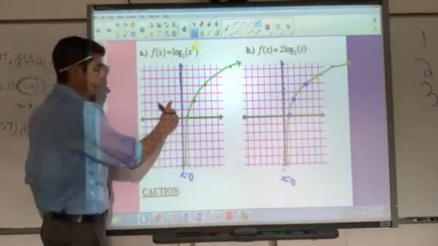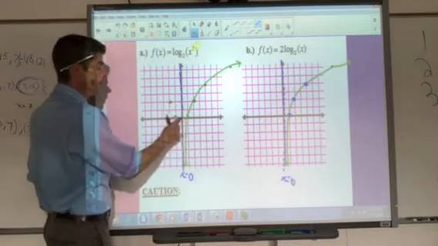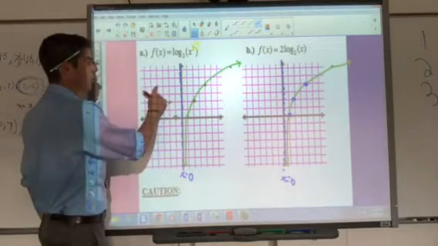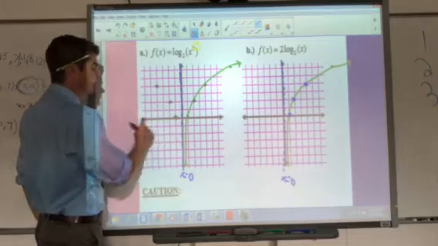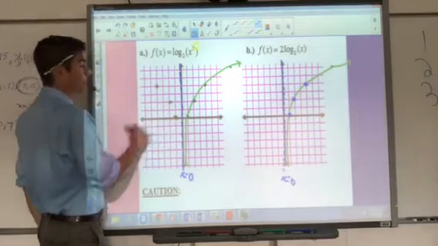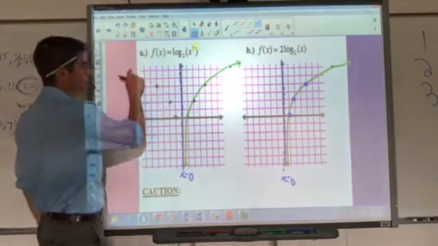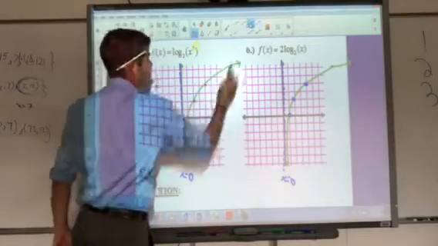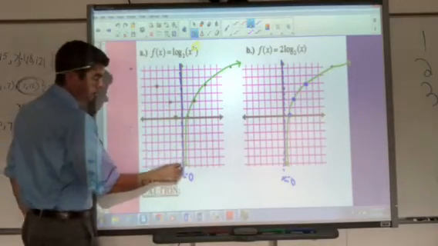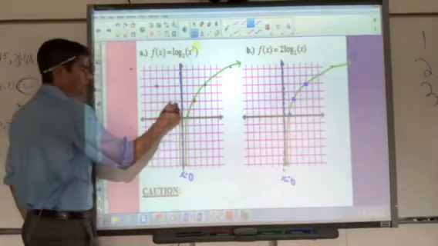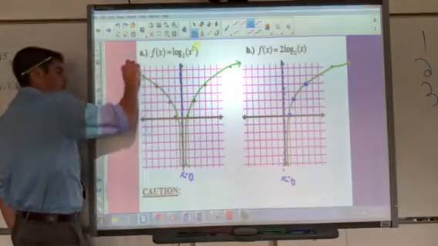Negative 2 and positive 2 are going to behave the same. Negative 4 and positive 4 are going to behave the same. Negative 8 and positive 8 are going to behave the same. So I get a reflection, a mirror image of this particular function.